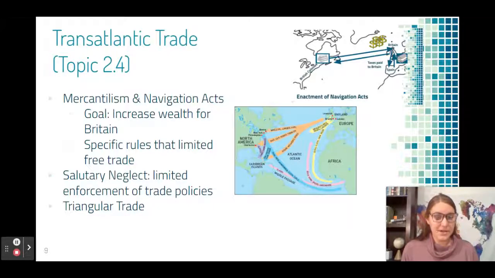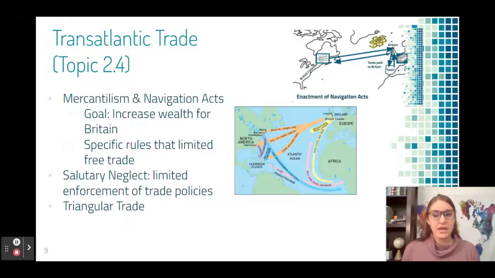They're actually called the Navigation Acts, but they are to regulate trade between the colonies and Britain and the colonies and other European countries. And so they begin to place different laws that require certain goods to be passed only to Britain, and then Spain would purchase them from Britain rather than those direct routes to the colonies.